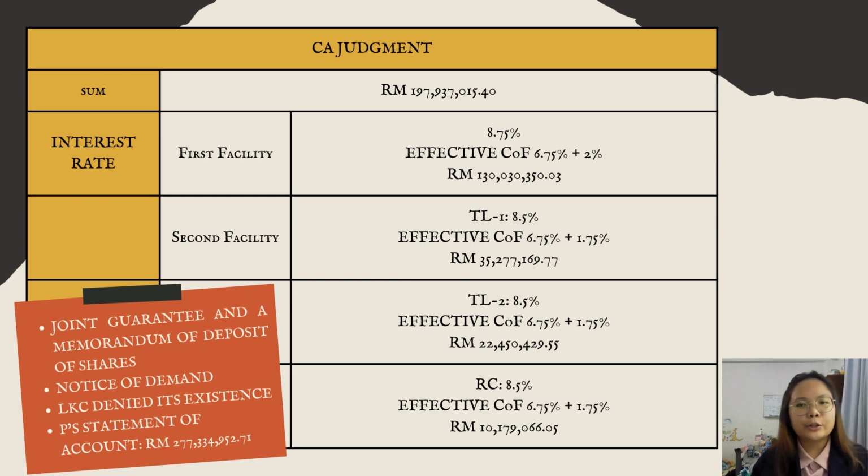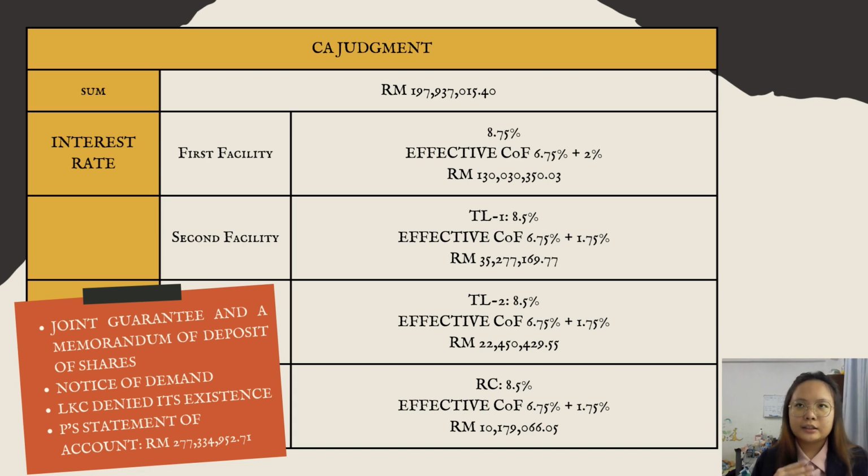In the case of the borrower being extended the second facility, the defendants decided to execute two joint and several guarantee agreements. Defendant 1, LKC, even executed a memorandum of shares in favor of Bank Pembangunan Malaysia.